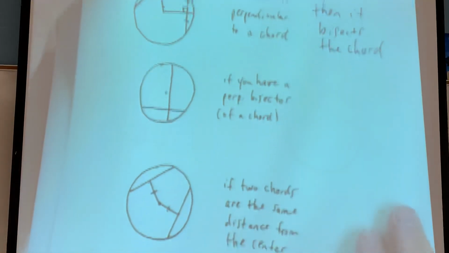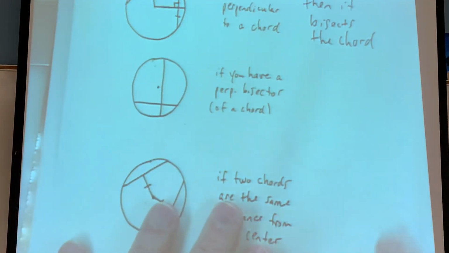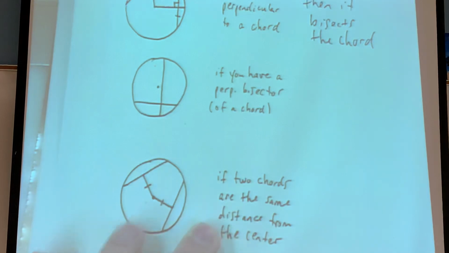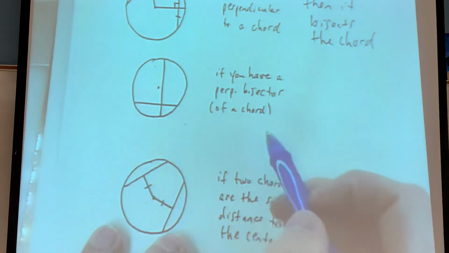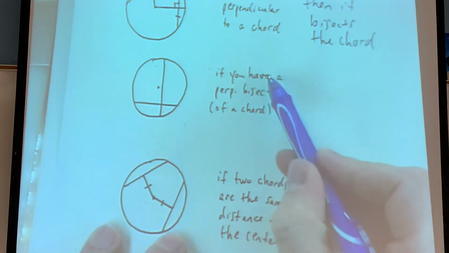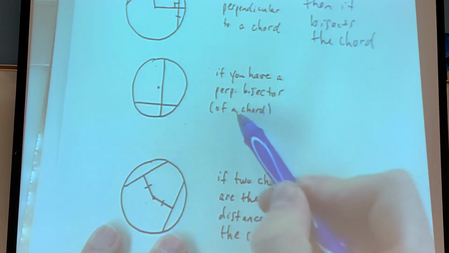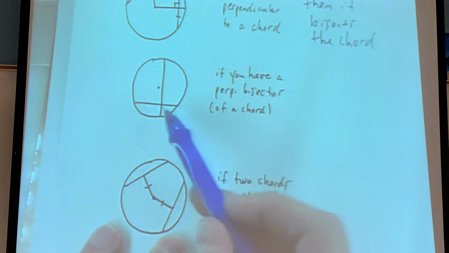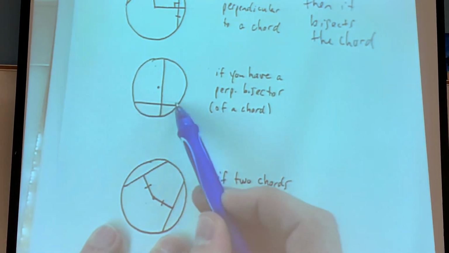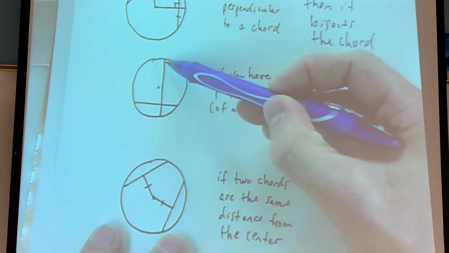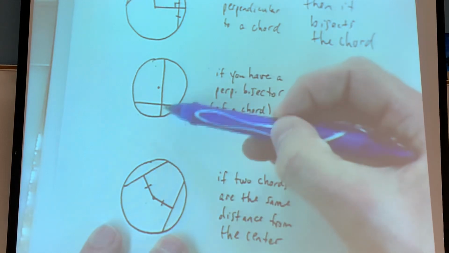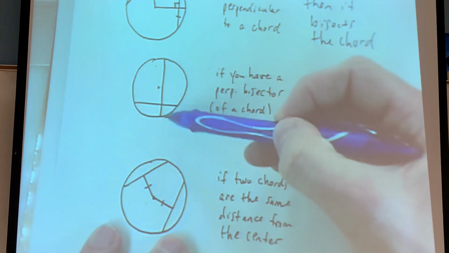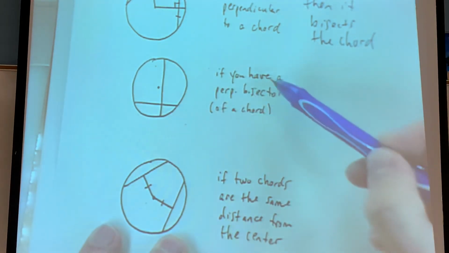Next property. Now this one says if you have a perpendicular bisector of a chord. Now this chord right here, I drew a longer vertical segment. It does not follow this.